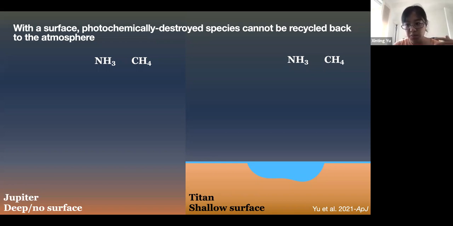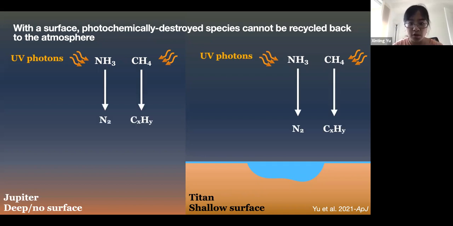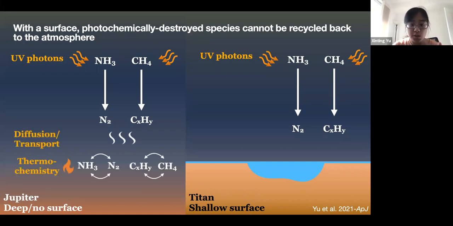Both of these species in the upper atmosphere will be constantly broken apart by UV photons, and ammonia will be converted to nitrogen, and methane will be converted to hydrocarbons. In Jupiter's case, because there's no surface, these photochemically formed species will just diffuse towards the deep, hot part of the atmosphere.